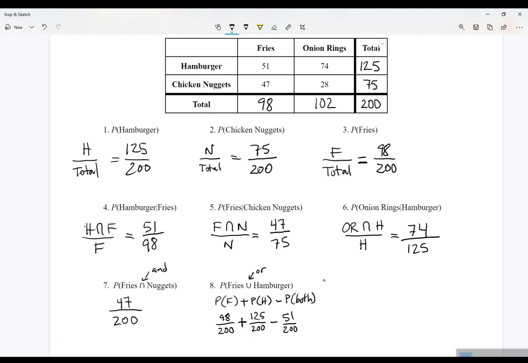Because they all have the same denominator, you can add those. 98 plus 125, subtract 51. That comes out to 172 over 200. And then once again, as I'd mentioned before, you would take that and calculate the decimal and the percent.